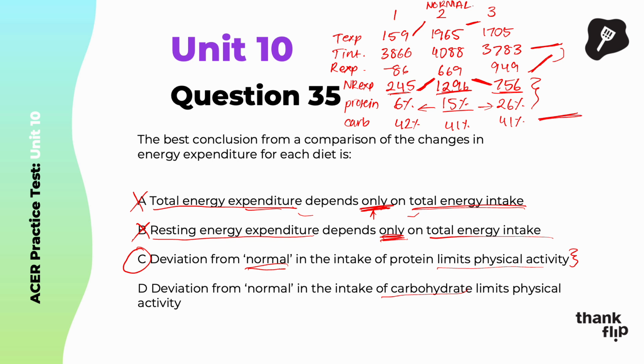So these trends don't actually match up. We can't really make any conclusions about deviation from normal, because all three of the diets are relatively normal, so you can't really draw a conclusion about the effects of carbohydrate intake on physical activity. So we can eliminate this option and be quite confident that our answer is C.